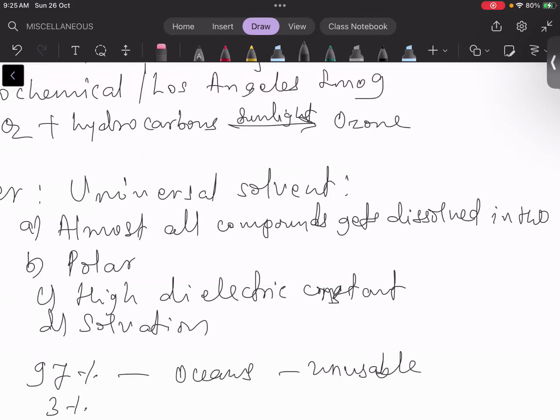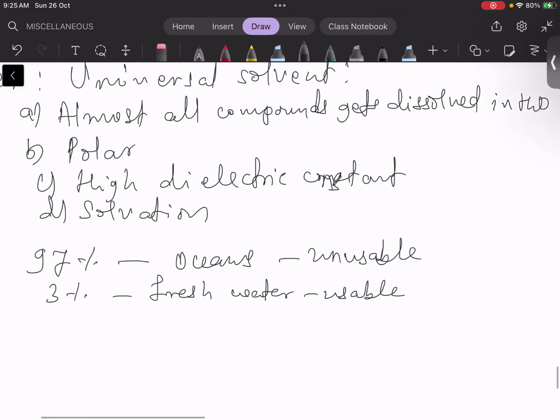Only 3% of water is fresh water, found in rivers, and that is called usable water. Is there any doubt?